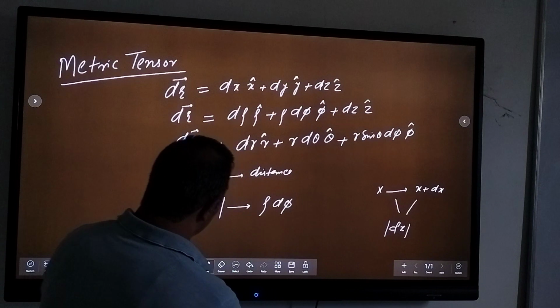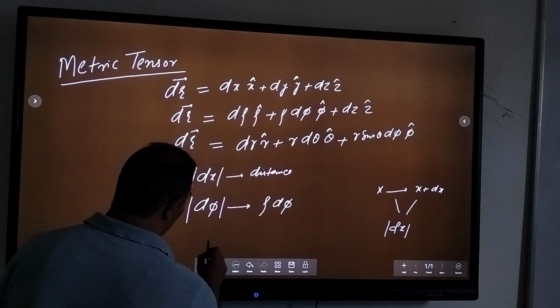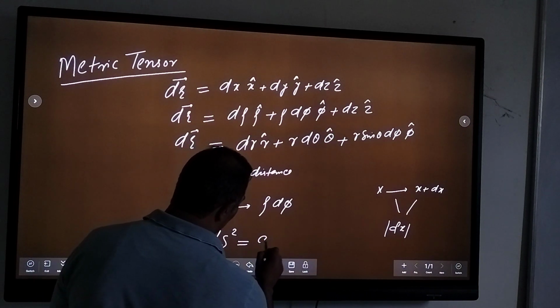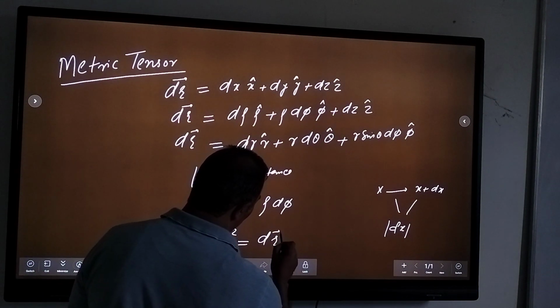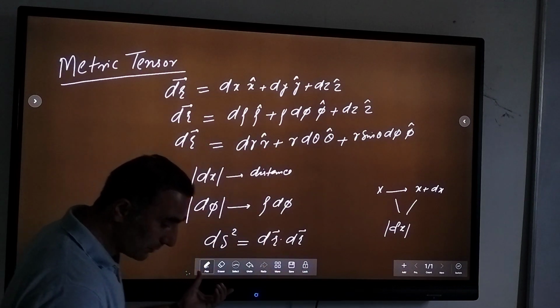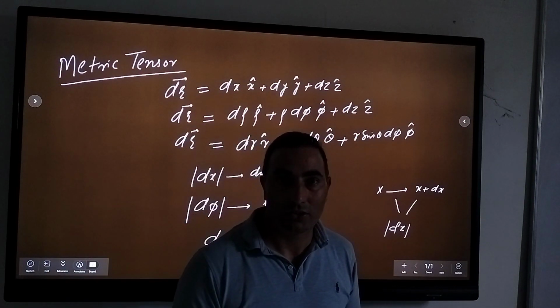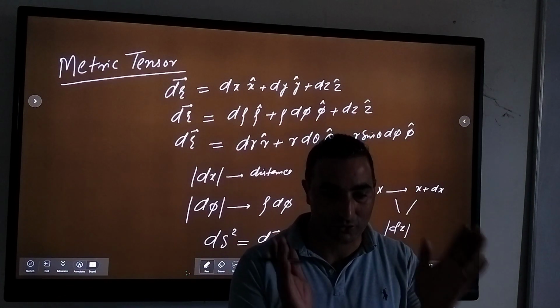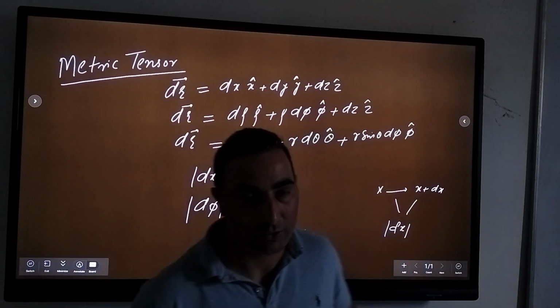Now, if you calculate ds square, that means the square of the distance. When you take the square of the distance, it is always positive because you are taking the modulus.